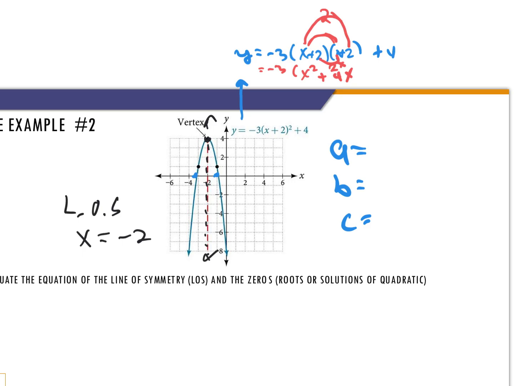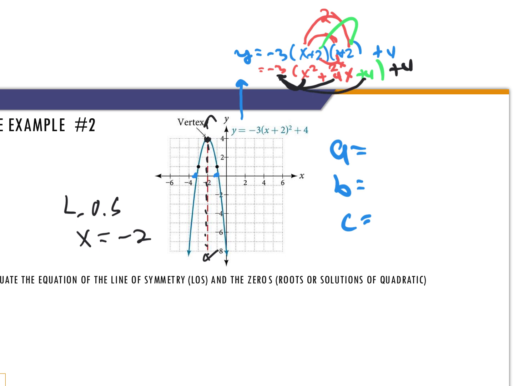Then you have the last two terms. Last two terms are 2 times 2, which is 4. And then we bring down our plus 4 that's just hanging around. Next step, take this -3 and distribute it.